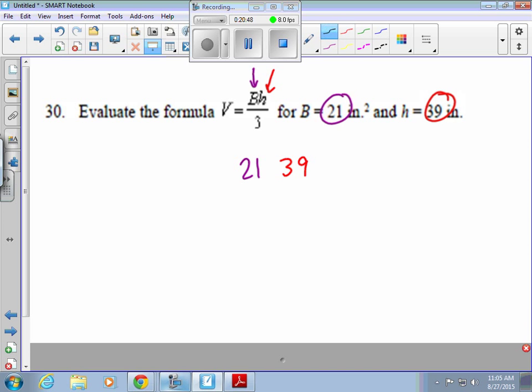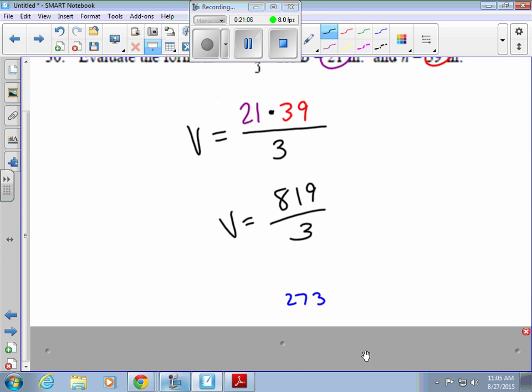So we have something that says V is equal to 21 times 39 over 3. When you multiply 21 times 39, you get 819. And when you divide that by 3, we're going to get our volume measurement, which is 273. And it'll wind up being 273 cubic inches for volume.